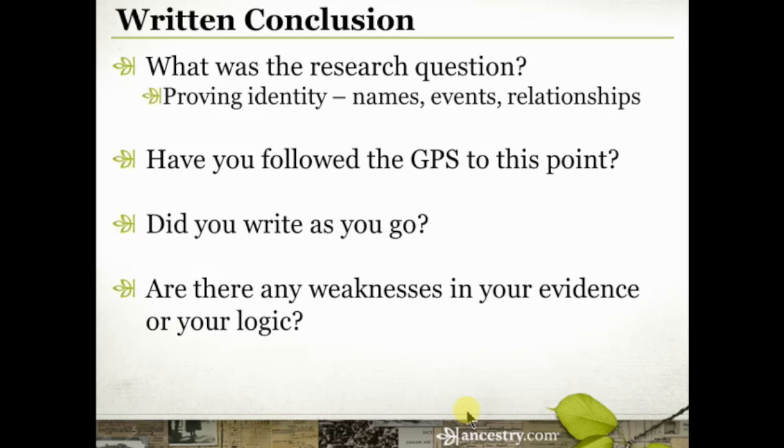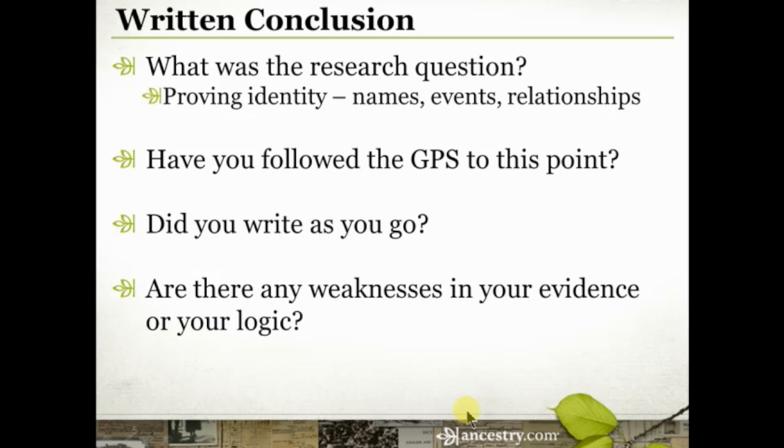Are there any weaknesses in your evidence or in your logic? So are there weaknesses in your evidence? Weaknesses in evidence are things like, if I'm looking for the birth date of someone, do I have independent sources, or are those sources all dependent upon each other?